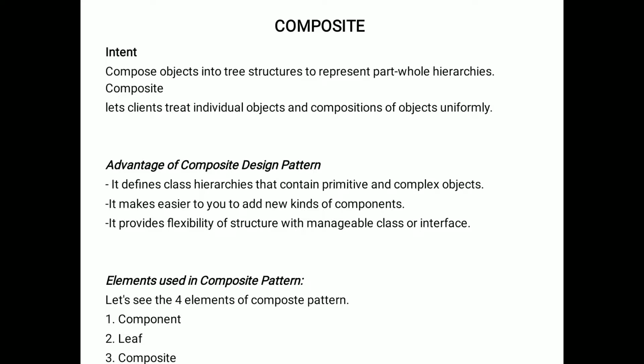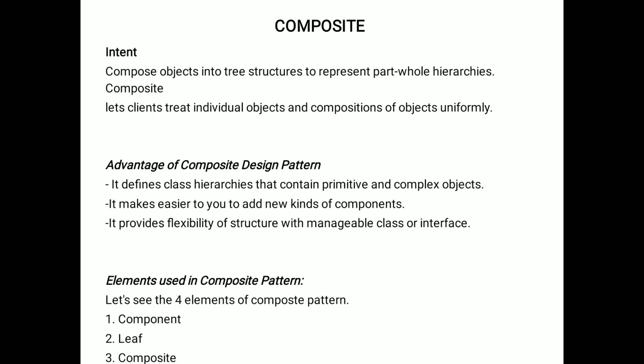So when you want to represent a full or partial hierarchy of objects, you can use the composite design pattern. It is also used when responsibilities need to be added dynamically to individual objects without affecting other objects, where the responsibility of an object may vary from time to time. You can add responsibilities to an existing object by inheriting that object.